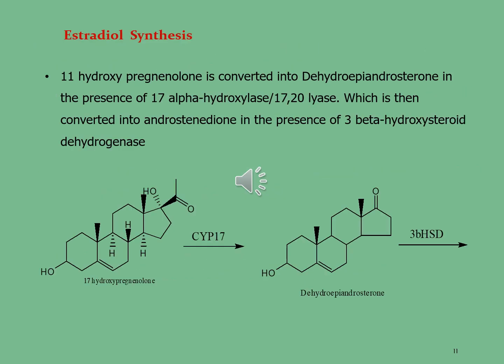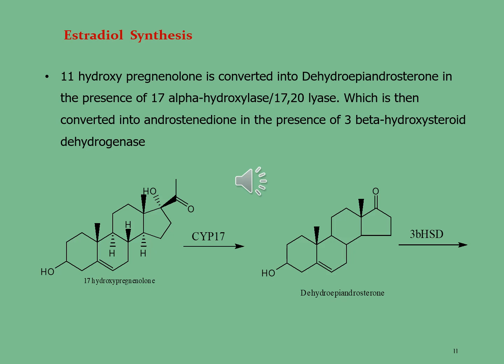Let's see the synthesis of estradiol. Estradiol is the common example of estrogens. In the first step, 17-hydroxypregnenolone is converted into dehydroepiandrosterone in the presence of the 17-alpha hydroxylase 17,20 lyase enzyme, which is then converted into androstenedione in the presence of 3-beta hydroxysteroid dehydrogenase.